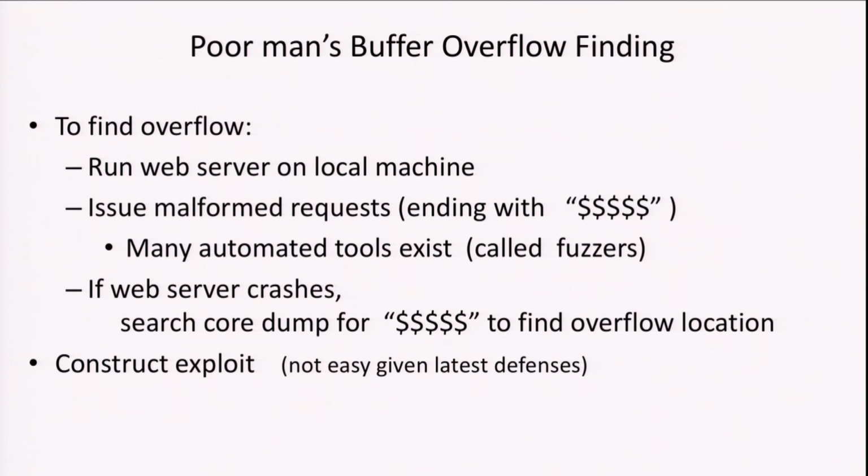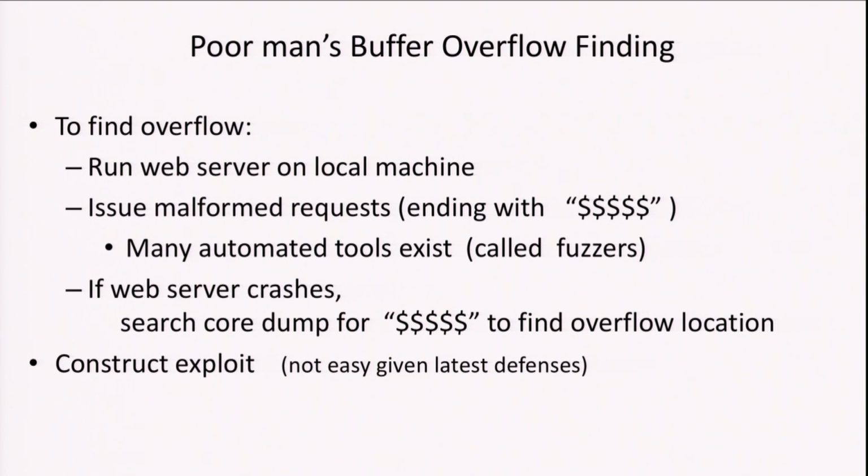One is obviously to create inputs that would induce buffer overflow, and to create such an input, you might have to know a little bit about how the program behaves, what functions it calls, and what kind of buffer sizes they have. So here is a poor man's buffer overflow finding technique. Let's say you have a web server running on a local machine.